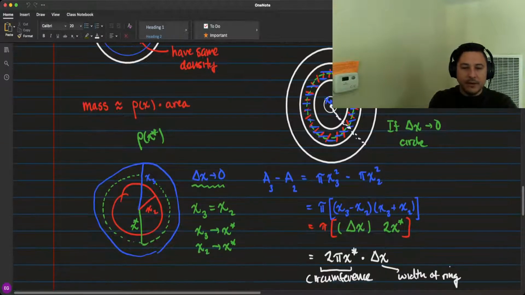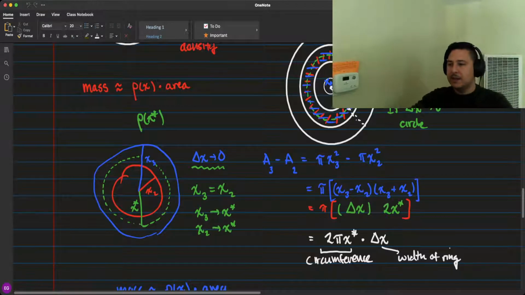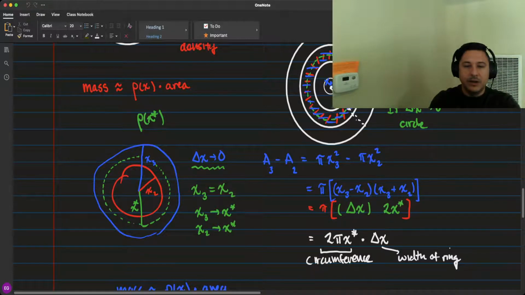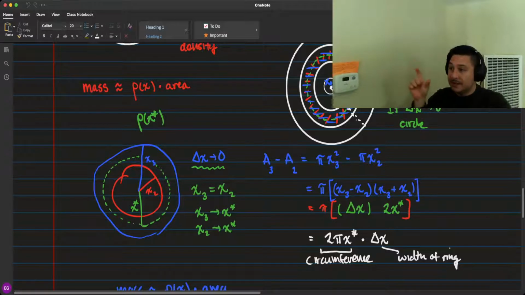We went through the calculation and noticed that pi x3 squared minus pi x2 squared, you could factor out the pi. Then x3 minus x2, the distance between the two points, was just delta x. We always define that to be delta x. So I made that change right there.